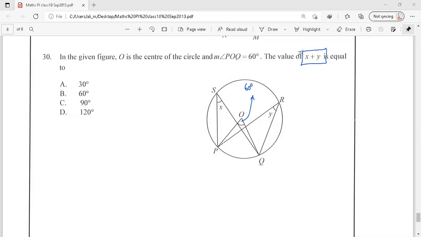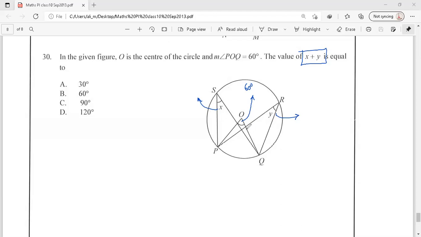According to the theorem, the angle subtended at the center is double the angle subtended in the major arc. In the major arc we have two angles, X and Y. These are the angles subtended in the major arc, while angle O is the central angle. According to the theorem, the central angle is double this segment angle.